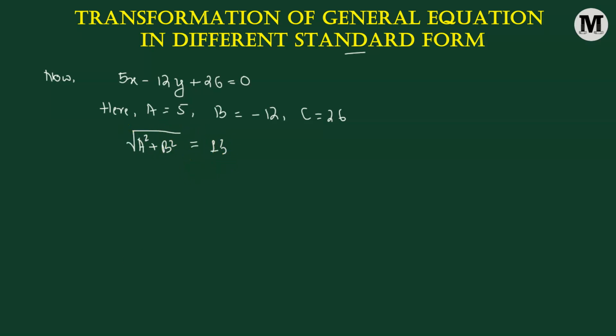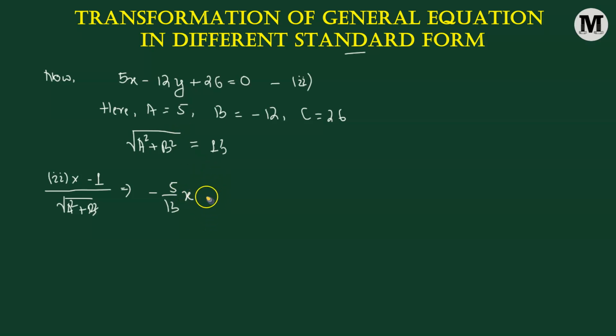We can verify that. Now we rename this as equation number 2. We're going to multiply each term by negative 1 and then divide each term by the square root of a squared plus b squared. So our first term becomes negative 5 over 13 multiplied by x.